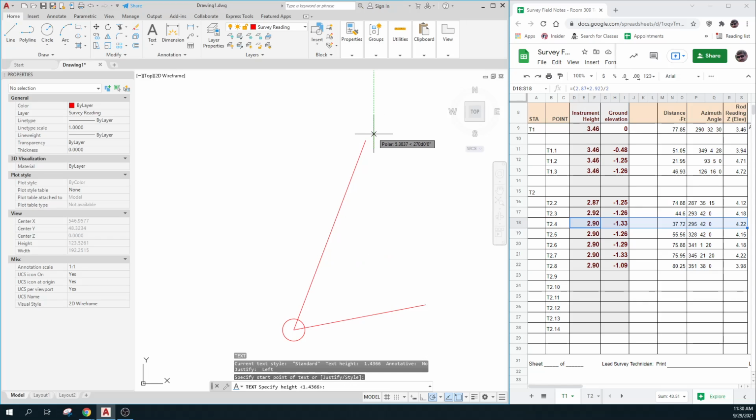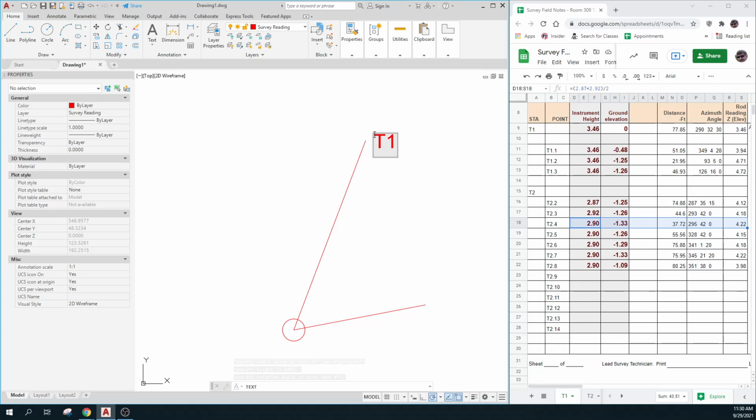And this is T1 datum, elevation equals 0.0.